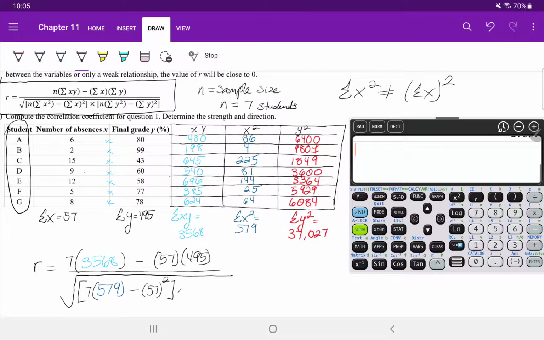Close that bracket and multiply it by, open a new bracket, make the fraction bar a little bit longer, 7 times the sum of the square for y, which is going to be 37,027 minus the sum of y, which is 495, and that's being squared.